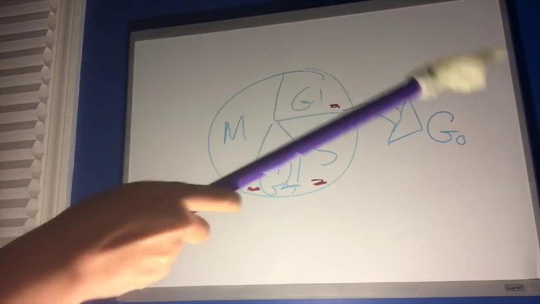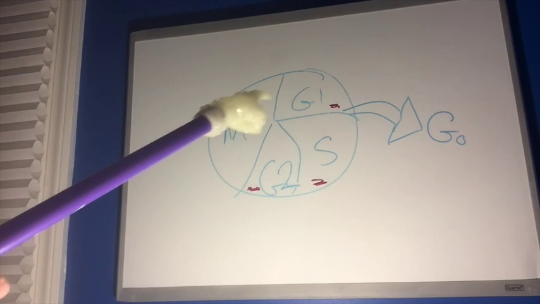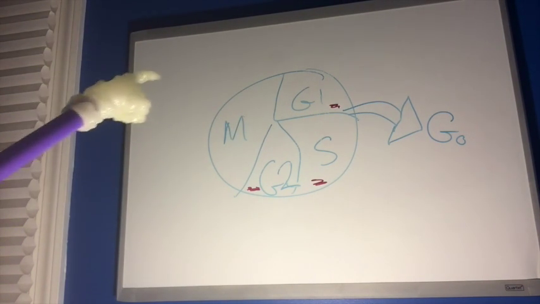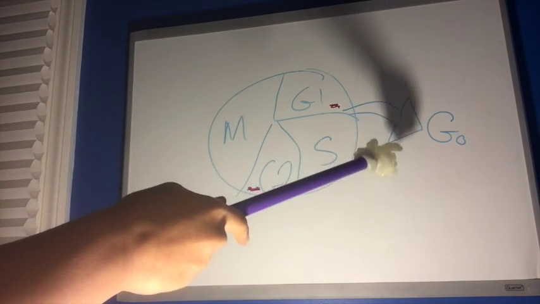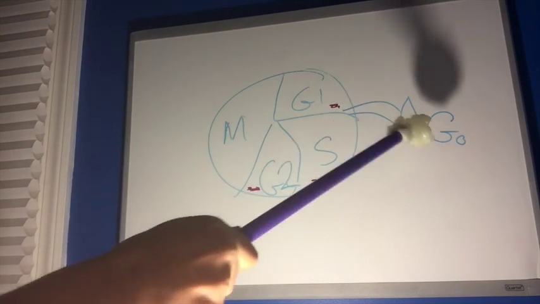It gives a chance for DNA repair genes to come and fix all the minor damage, or any other repair genes to fix the problems. And if it does not end up fixing, it will undergo apoptosis. So that is what the G0 phase is. It's just a timeout to get things straight so it can later continue the cell cycle.